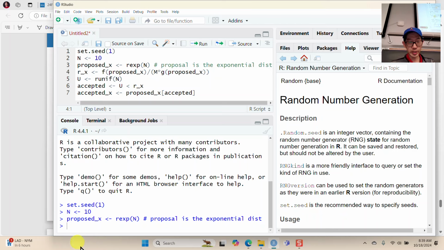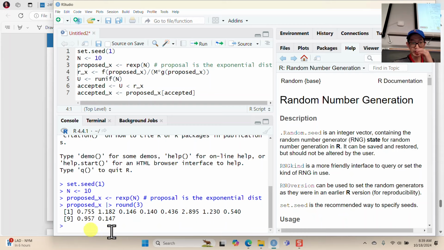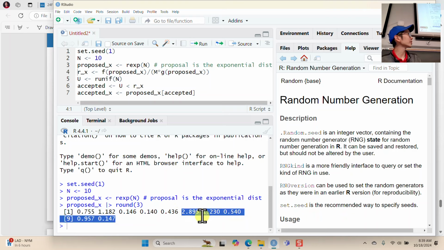When we look at our proposed values of x, rounded off to 3 decimal places, we can see with the exponential distribution, occasionally, not frequently, it's going to generate a value like 2.895.